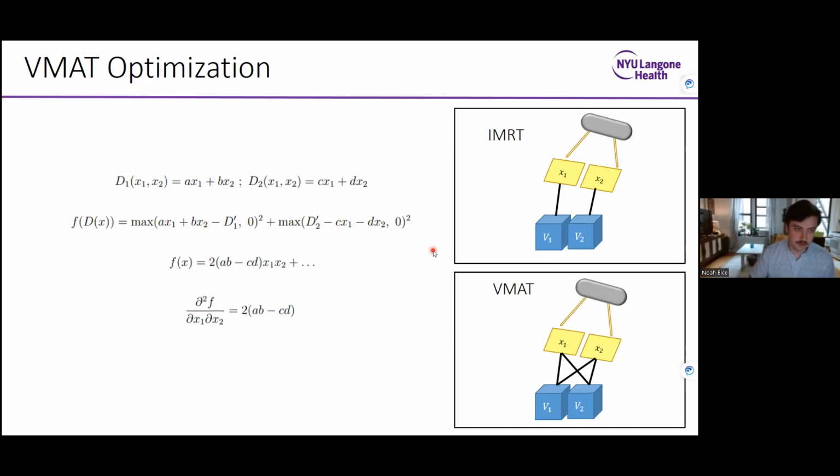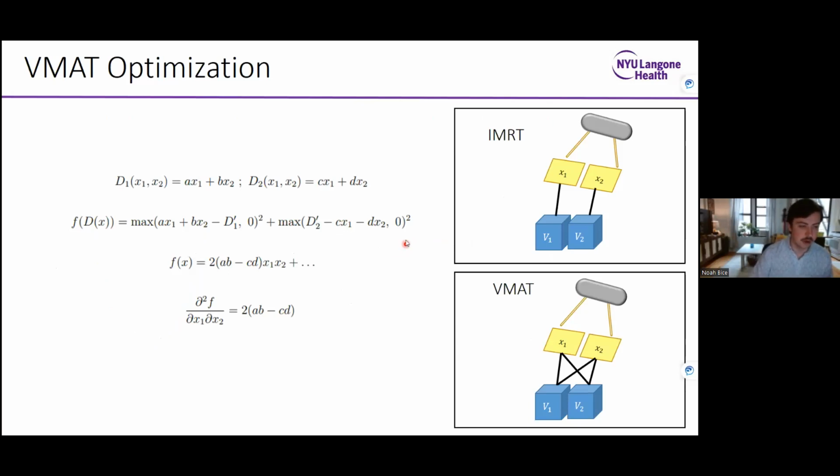The mathematical reasoning behind that is that in IMRT optimization, each voxel is only getting dose from a single pixel, in a simplified dose calculation algorithm.